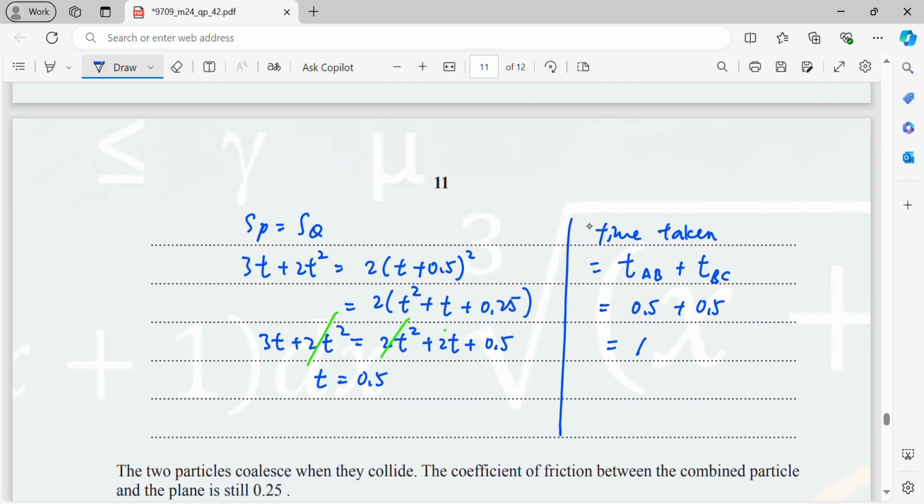Okay, it is not really reaches C when they collide, but it is just from B onwards. Okay, from B onwards. So that's why BC here.